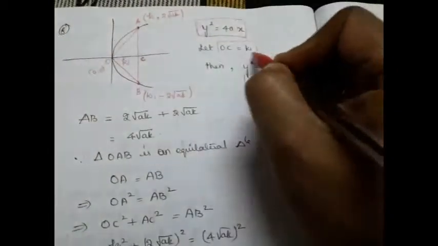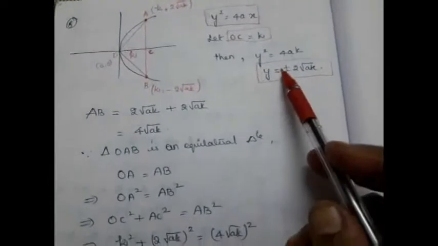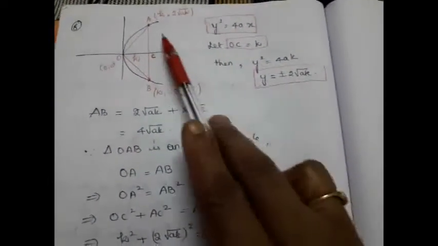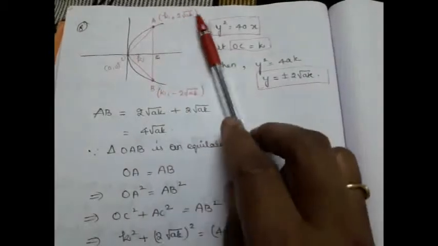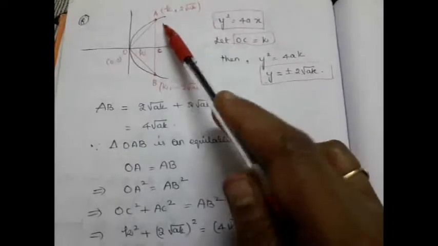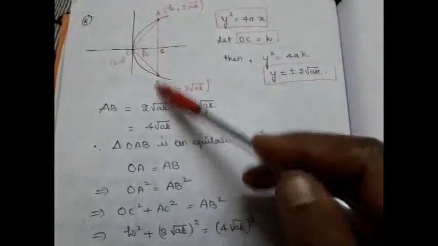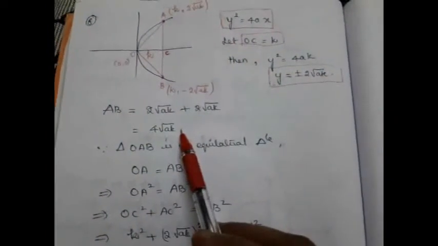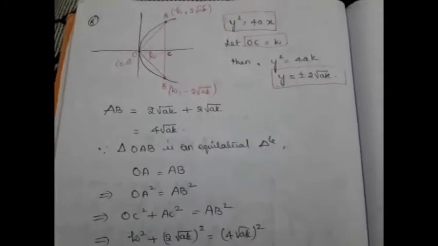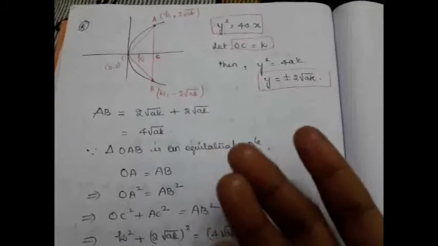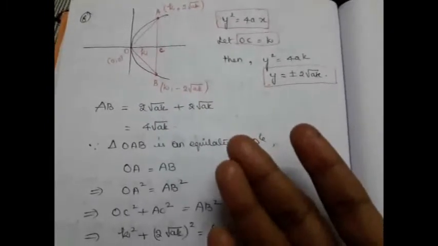So the coordinates of A are (k, 2 root ak), and the coordinates of B are (k, minus 2 root ak). Therefore, what will be the AB length? This distance is 2 root ak. This distance is also 2 root ak. So if we add, we get 4 root ak. Now we need to find k. Then only we can substitute and get the side of the equilateral triangle, right?